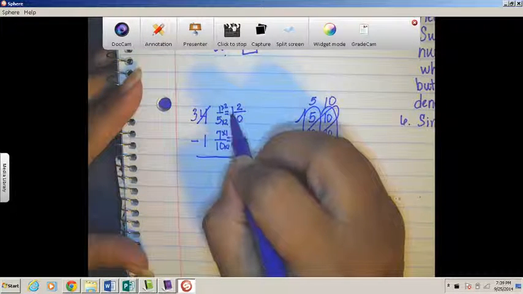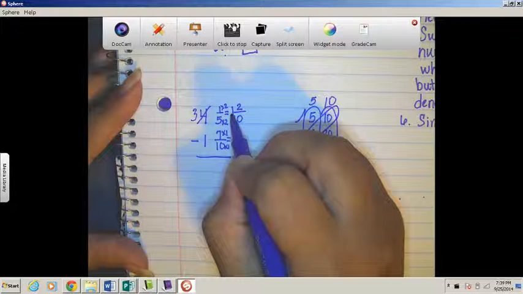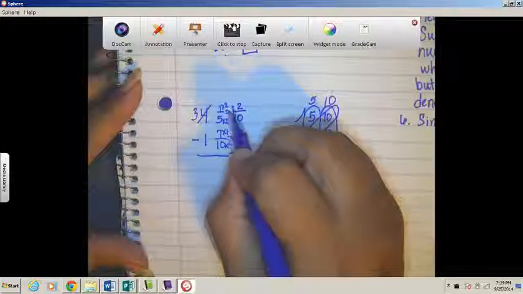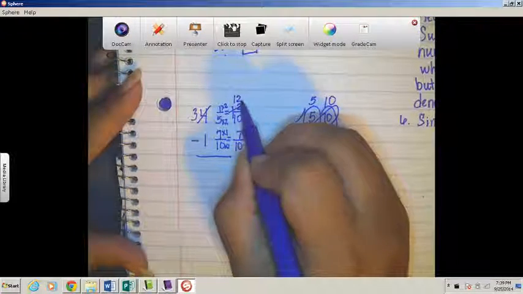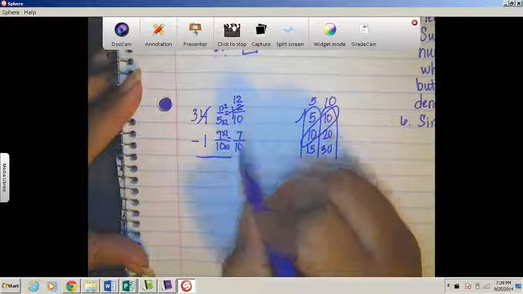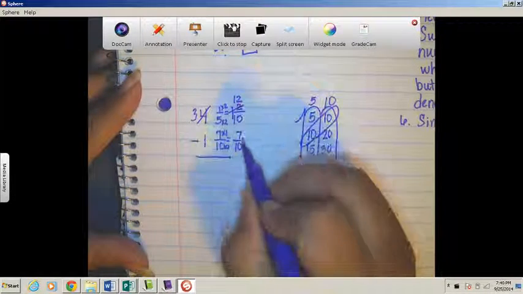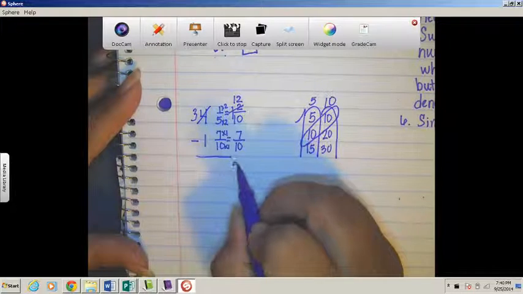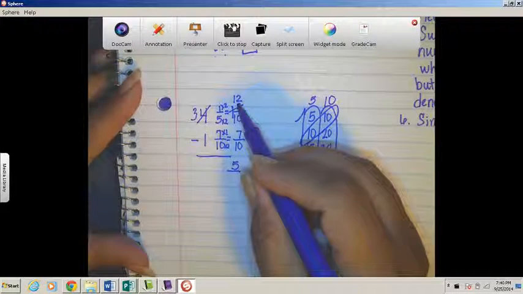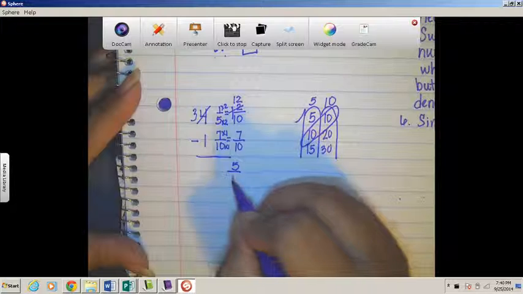10 times 1 is 10, plus 2 is 12. 12 tenths. 12 minus 7 is 5. You only subtract the numerators. The denominator stays the same.